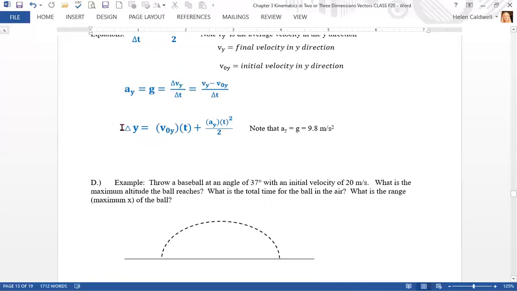And then finally, we take the delta x equation, and instead of x's, we put in y's. So we have delta y is equal to v0y times t plus a sub y times t squared over 2. So let's look at an example, because examples are important.